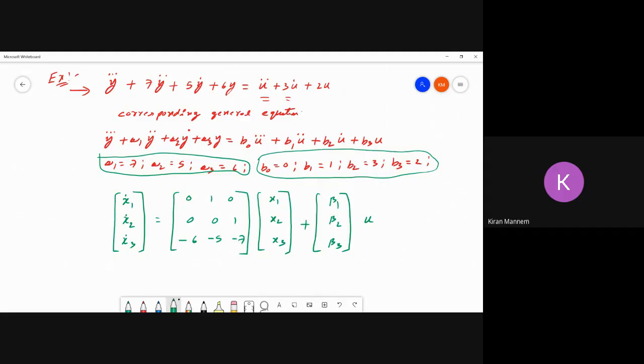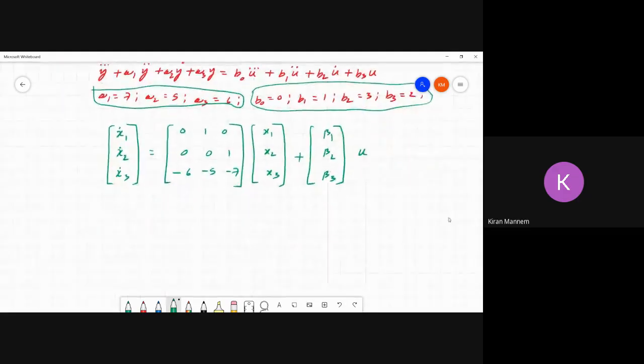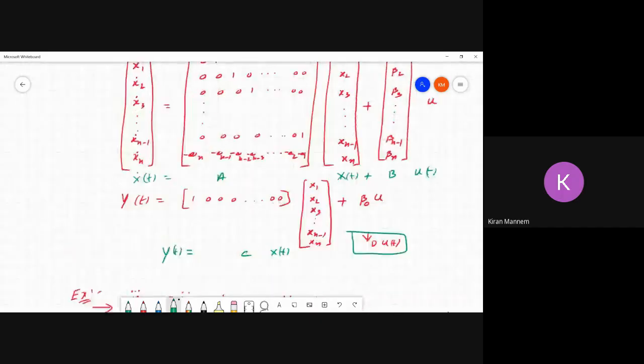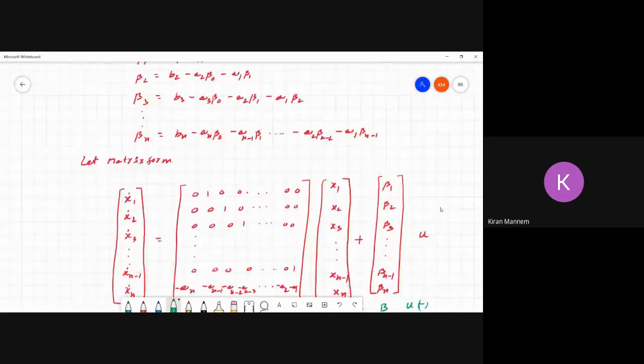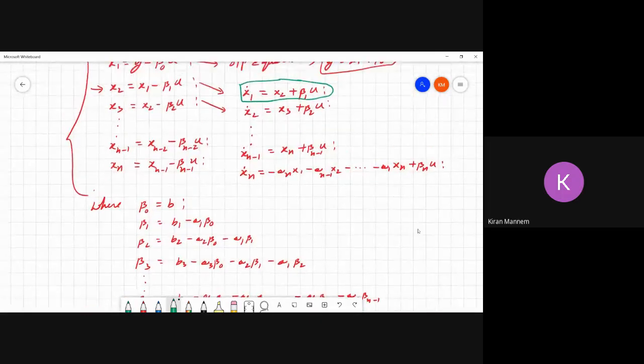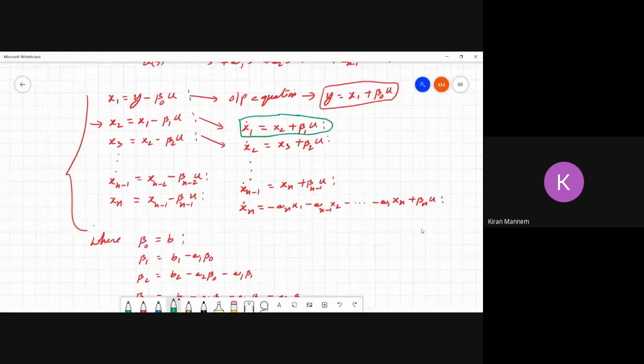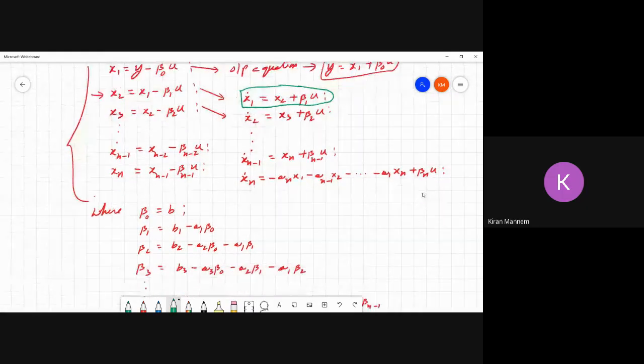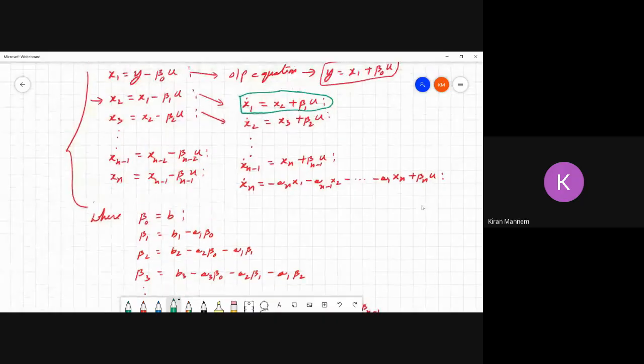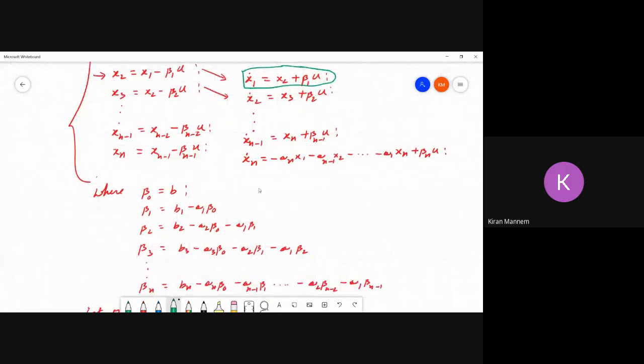Now what are the beta values and the output equation? Recall the output equation, the first equation, C beta naught is equal to B. So the y is equal to x1 plus beta naught into u, and your beta naught, beta 1, beta 2, beta 3 values are these.